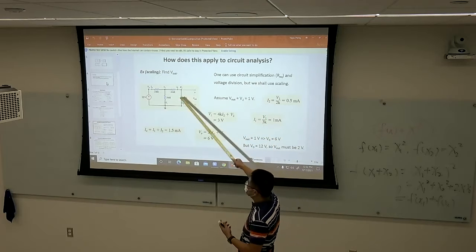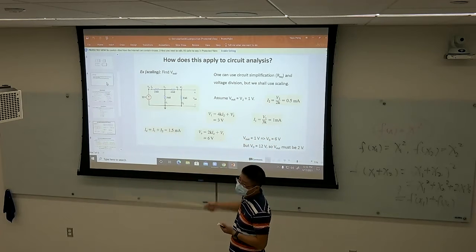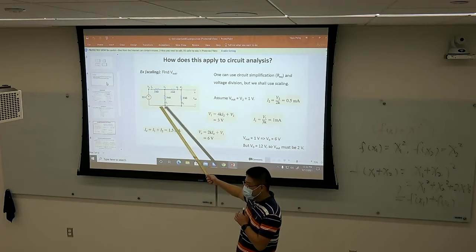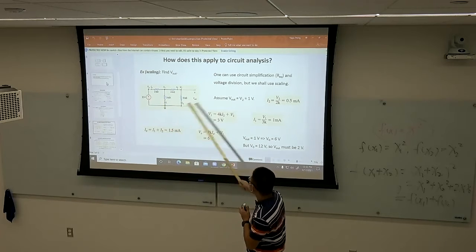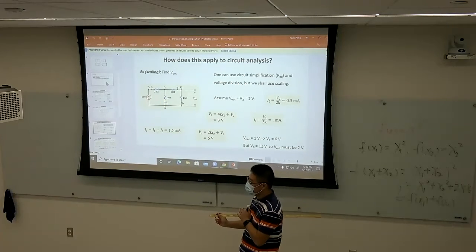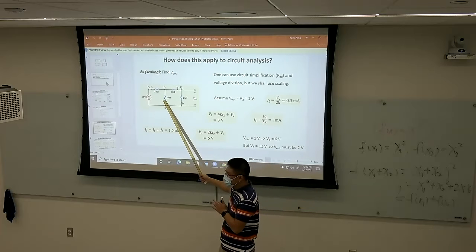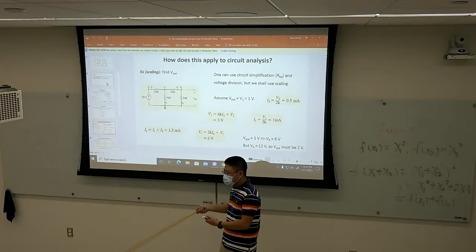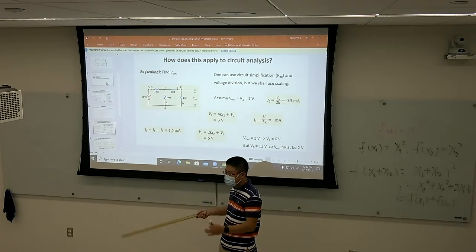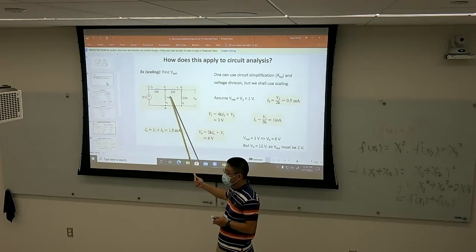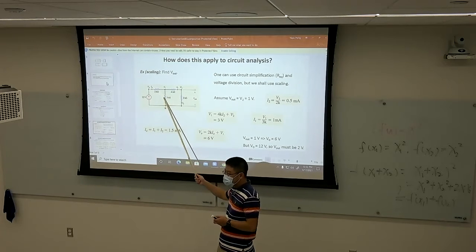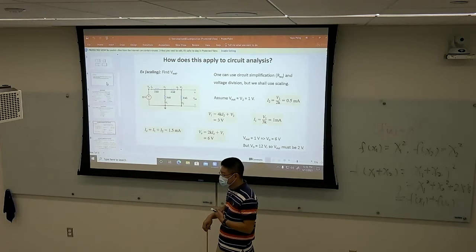But now we use another method to solve this circuit. Do you remember how to solve it? For the same circuit, we can use different methods. In the previous chapter, we used equivalent resistance and voltage and current division to solve this circuit, and today we introduce another method.